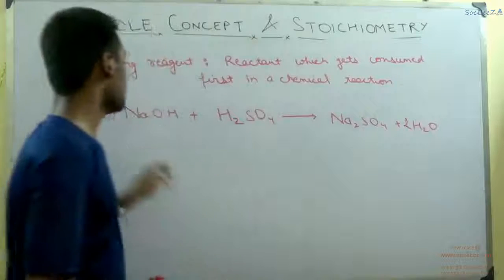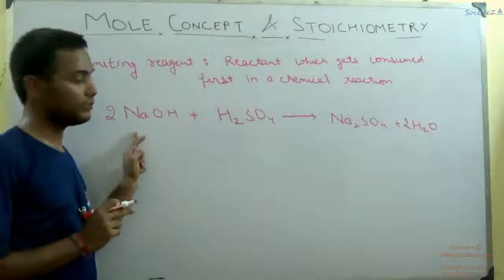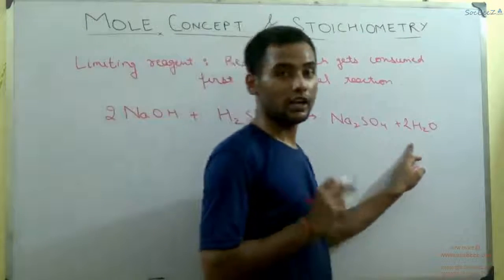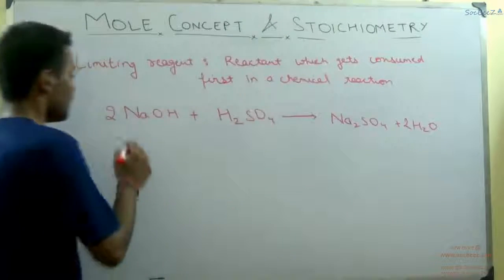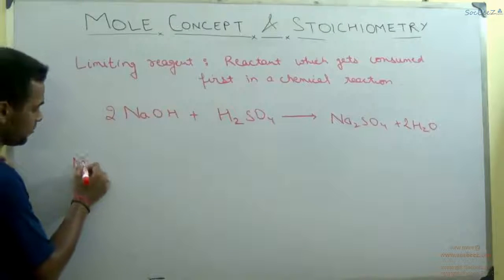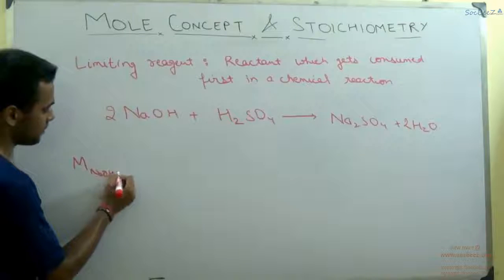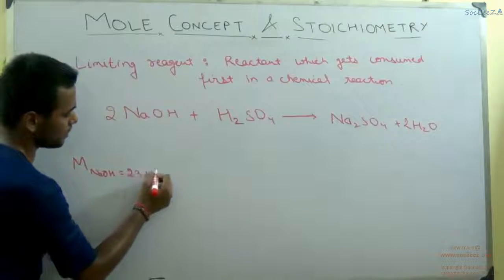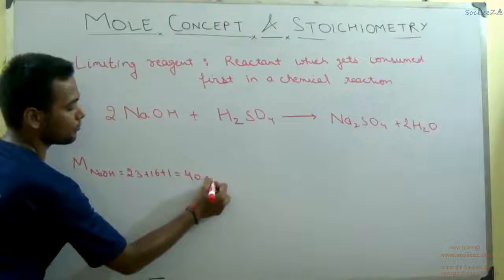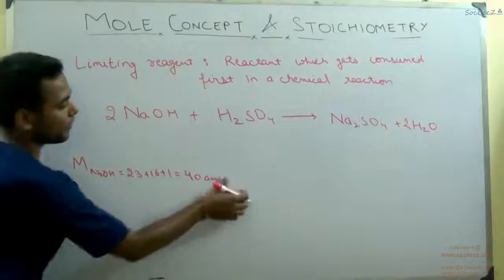Here 2 moles of NaOH combine with 1 mole of H2SO4 to give 1 mole of Na2SO4 and 2 moles of H2O. The molecular weight of NaOH is 23 plus 16 plus 1 equals 40, or the gram molecular weight is 40.